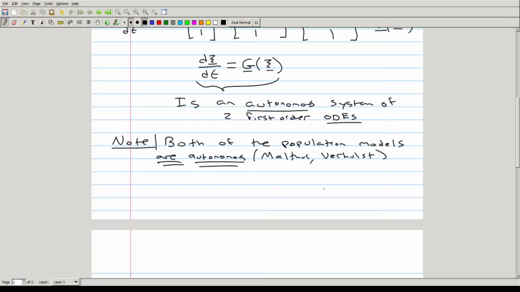And these are the most basic form of those models. We'll see a more generalized form today that is non-autonomous, that is sometimes better to use in certain scenarios.